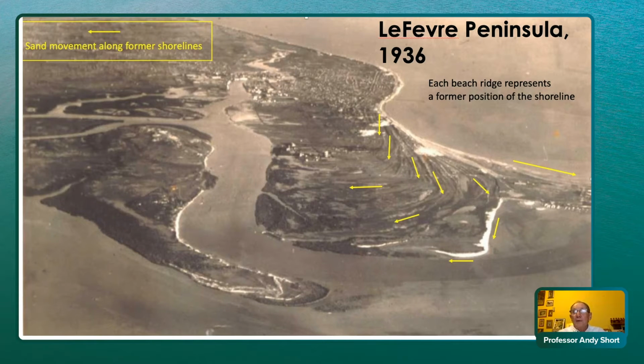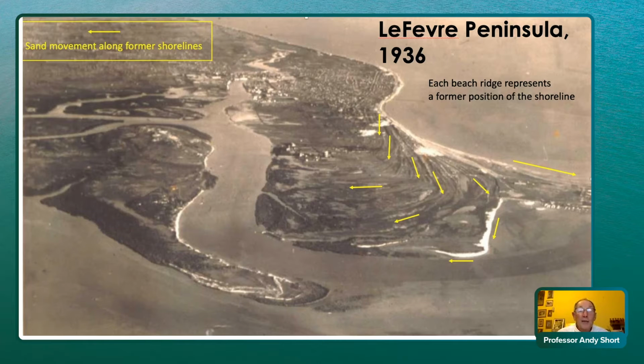And as the sand moved northwards, it built ridges northwards. They curved around in towards the Outer Harbour there, building the peninsula both into the Gulf and also northwards. And that's how this whole Adelaide coast has been built from Glenelg northwards in the last 7,000 years. And that sand is continuing to move along at the present day.